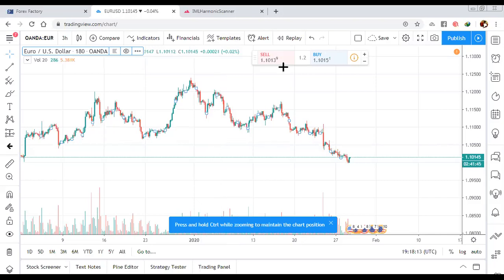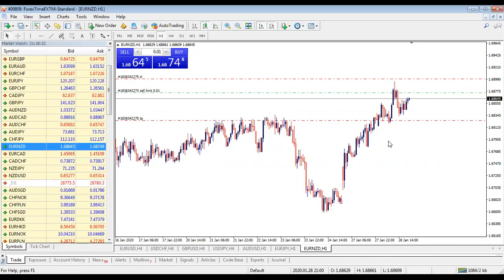All right. Now, when you open your MetaTrader app, you are going to see something like this. And this is the laptop version. This is how it's going to look when you are using a Windows laptop.